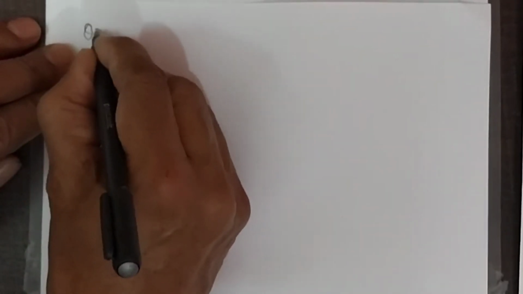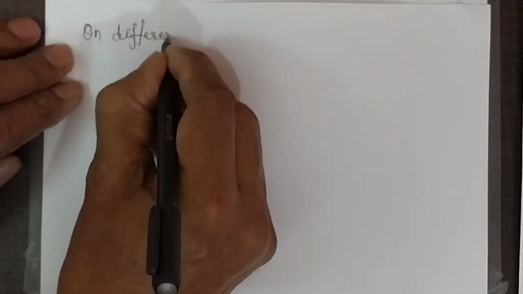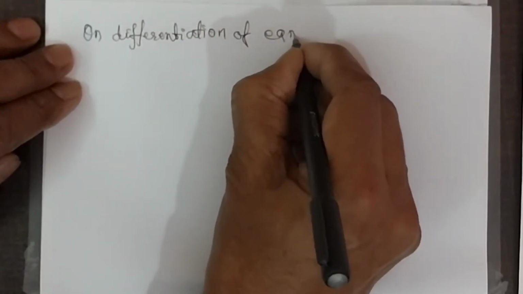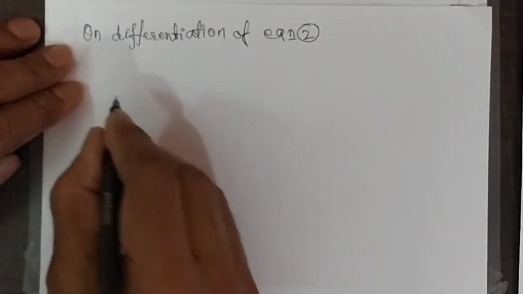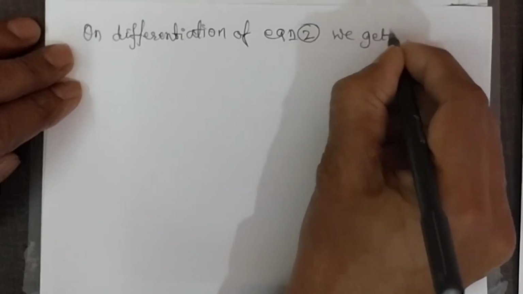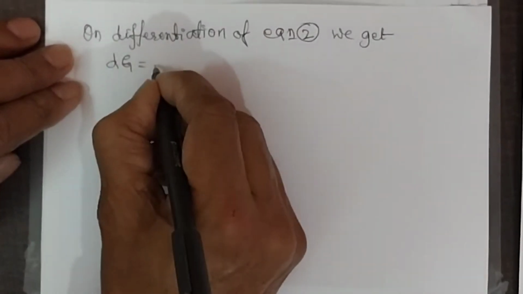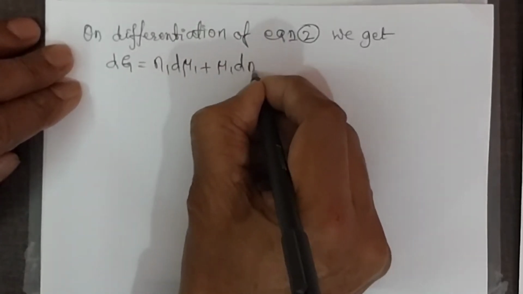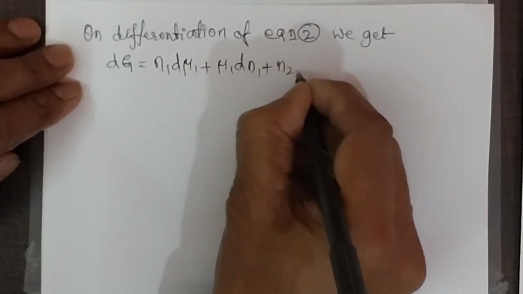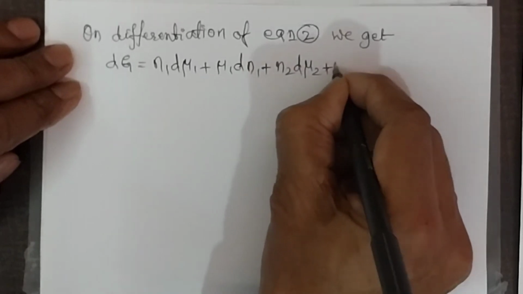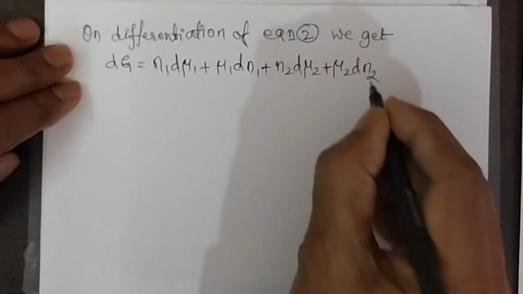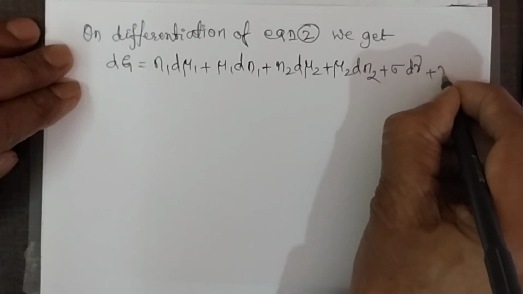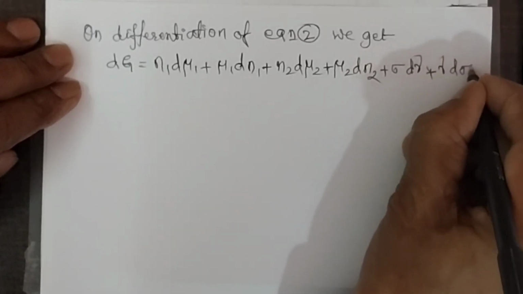On differentiation of equation 2, we get dG equal to n1 d mu1 plus mu1 d n1 plus n2 d mu2 plus mu2 d n2 plus rho d gamma plus gamma d rho.